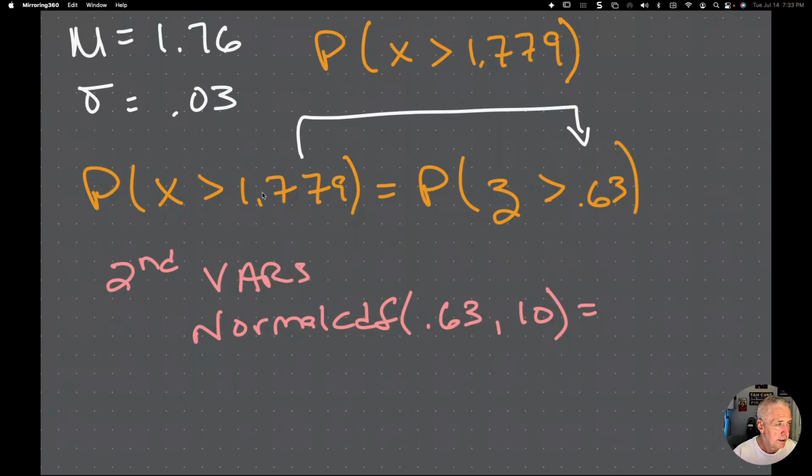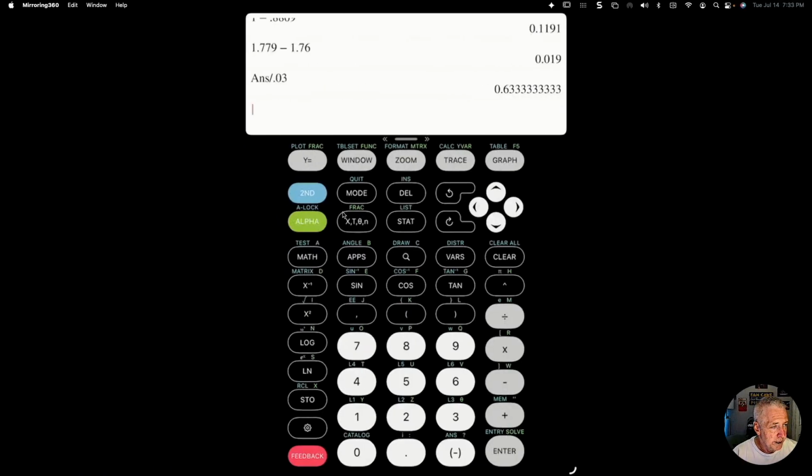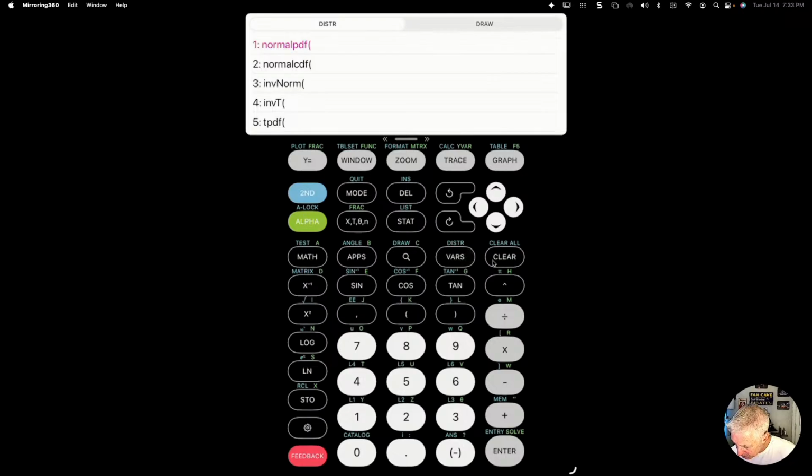All right. Scroll back over. Let me hit clear. Whoops. I'm always trying to do it on the screen. It's over here. Second vars. Scroll down to normal CDF. And I've got 0.63, comma, 10.